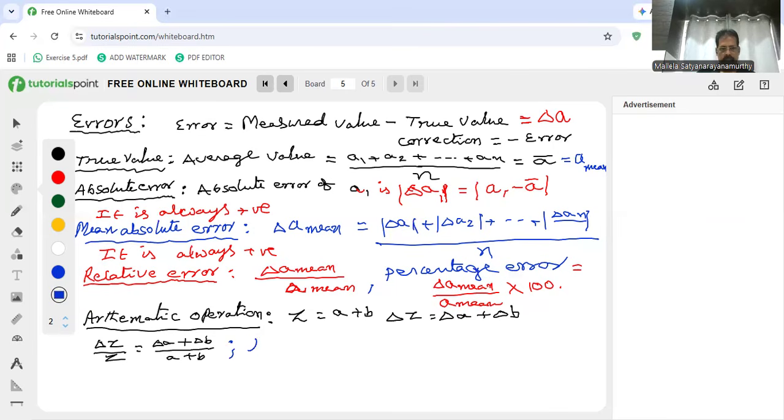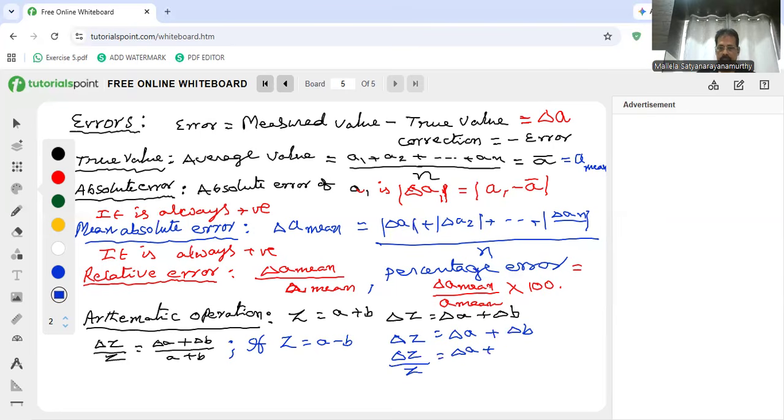If z is equal to a minus b, what is delta z? Delta z is always positive, as I told. Absolute error is positive. If minus is there, don't think about the minus. Always positive. Maximum possible error only you have to take.